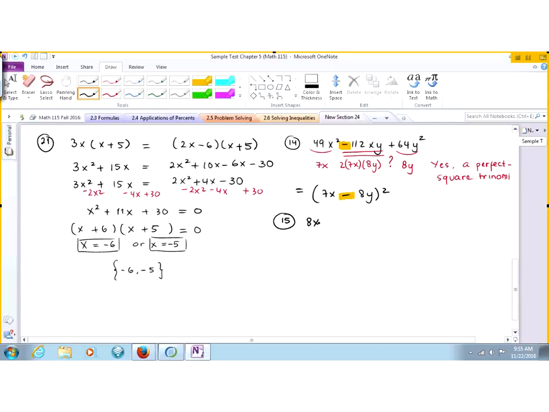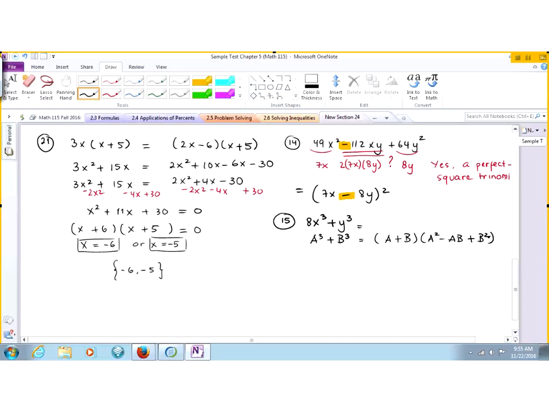So 15. How do you factor 8x cubed plus y cubed? Do you remember how you factor a cubed plus b cubed? It is a plus b times a squared minus ab plus b squared.